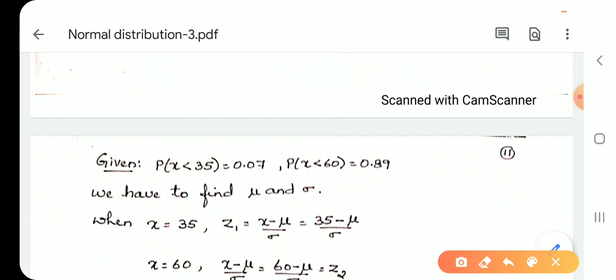The probability of number of students scoring less than 35 is 7%. 7% means 7 by 100, we get it as 0.07. The number of students scoring less than 60 is 89%, that is 89 by 100, 0.89.